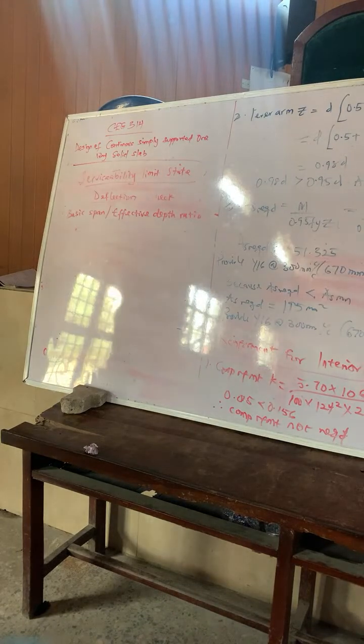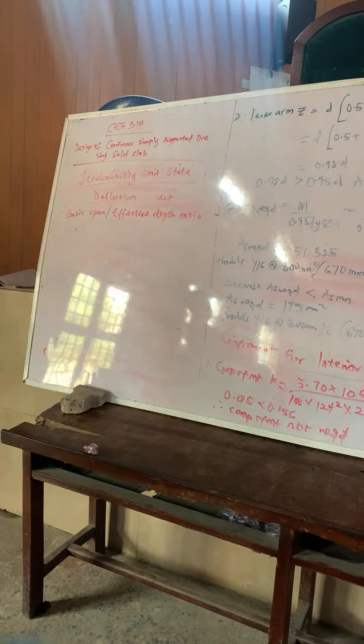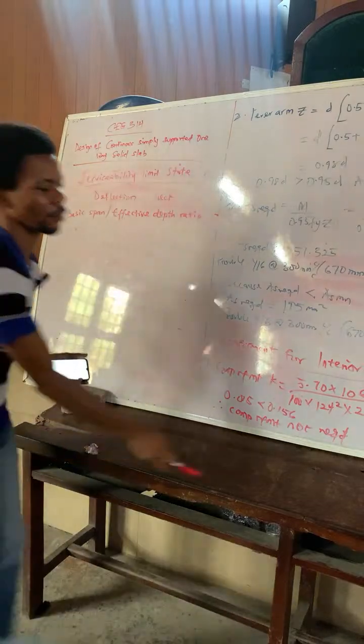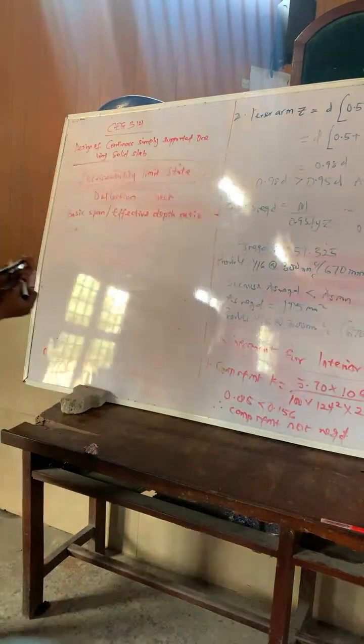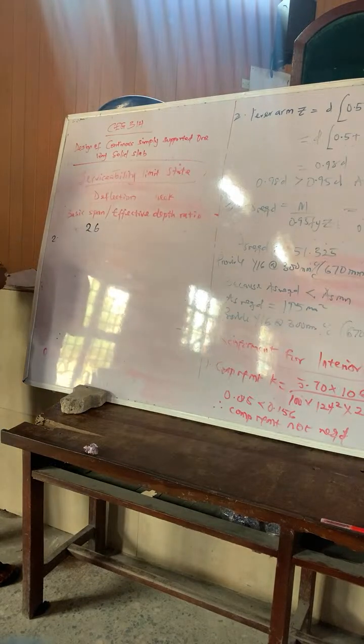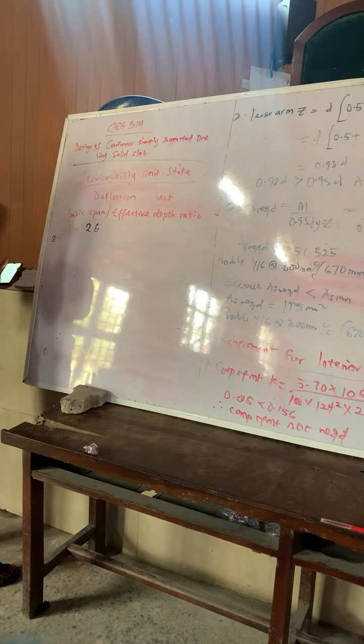So now we are doing continuous. That is 26, you all saw it. The second thing we are doing is our service stress.